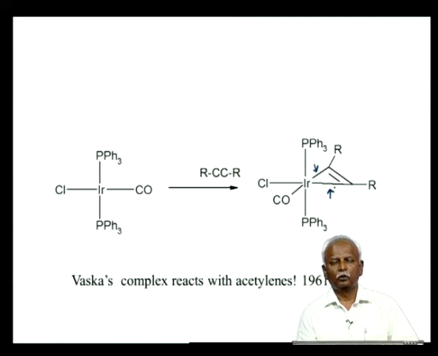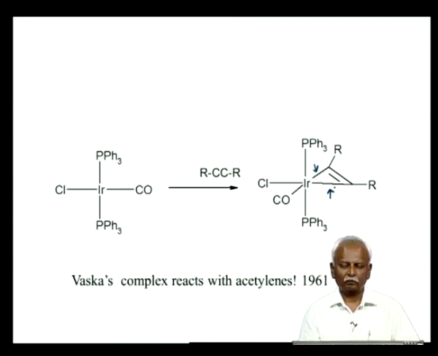And if you assume that the oxidative addition involves carbon as carbon minus, because it is more electronegative than iridium, then you end up with an iridium 3 species. So, oxidation state is in fact a formal oxidation state. It is not the charge on the metal atom. This is something which one has to bear in mind when one is studying oxidative addition.